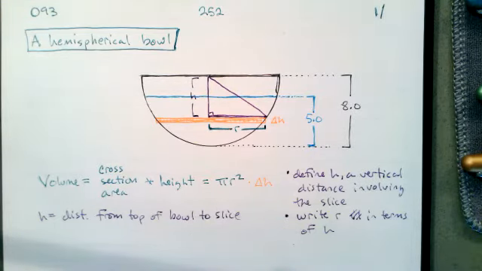What that allows us to do is to pull out that triangle and get a relationship between h and r, write r in terms of h, and have a function that we can integrate.